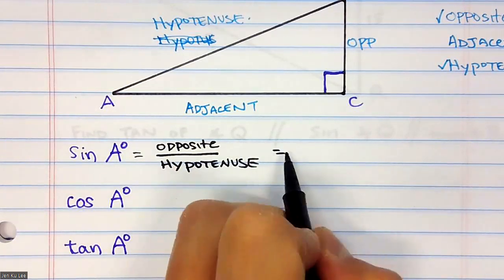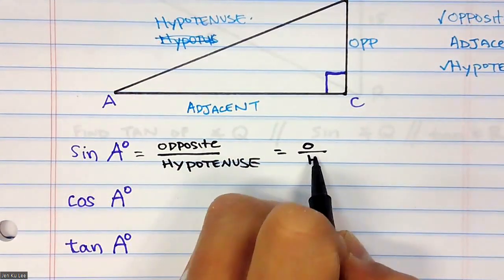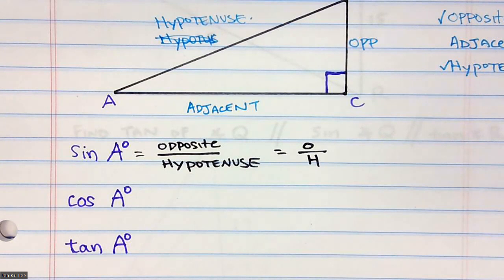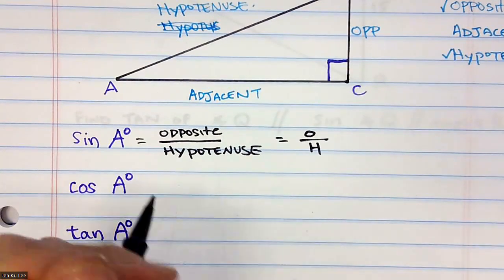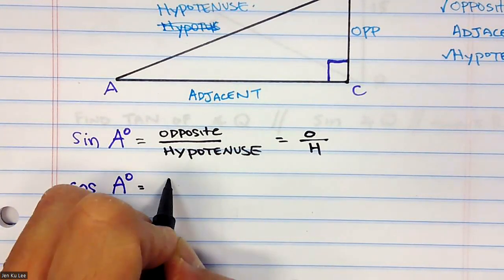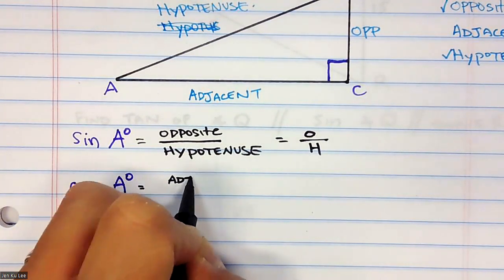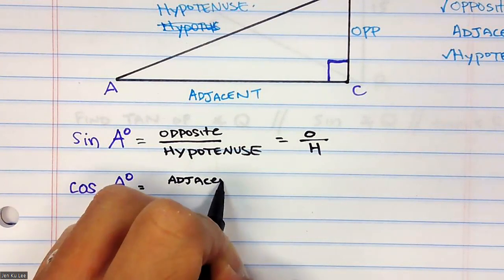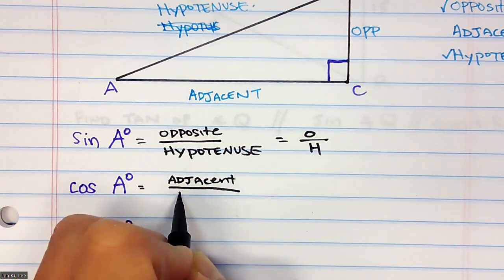Okay, I'm just gonna put O over H for shorthand for opposite and hypotenuse. Cosine is adjacent over your hypotenuse side.